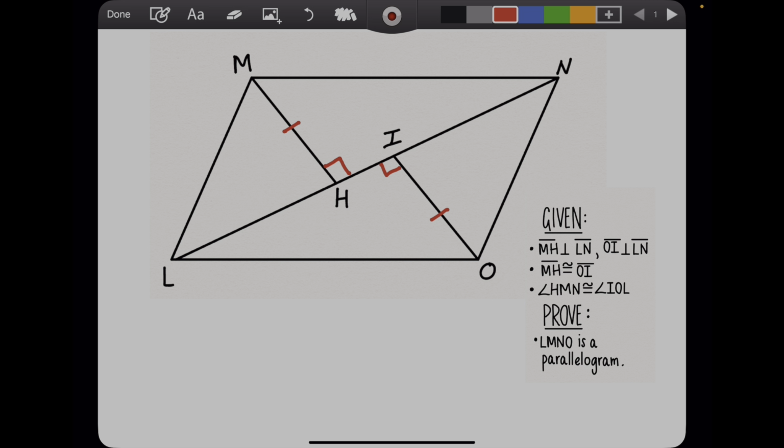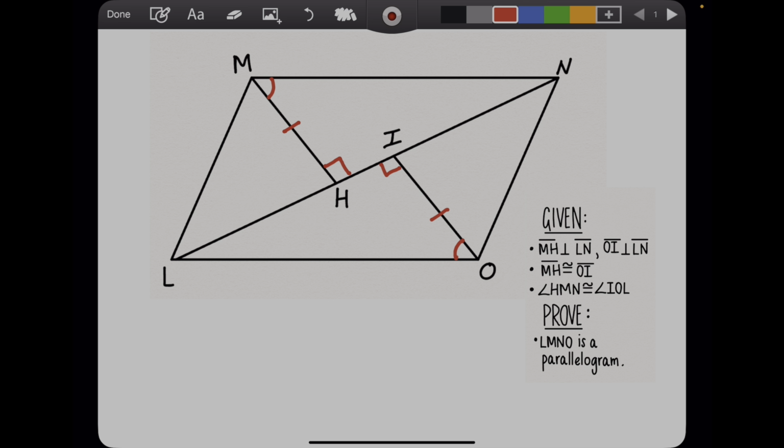And we have angles HMN. So I identify HMN just in case you have a little trouble seeing that angle, is congruent to IOL. So let's identify that as well.